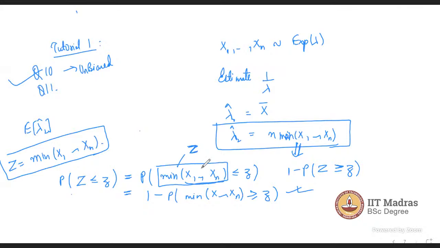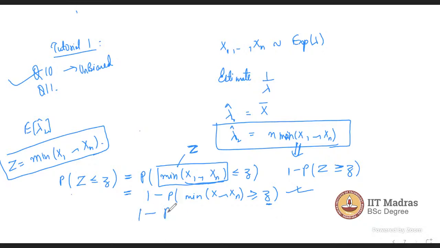The probability that some random variable is less than or equal to z is the same as 1 minus the complement, correct? So the complement is Z greater than or equal to z. This is fine. Now, once I write that the minimum is greater than or equal to z, it means each of the random variables is greater than or equal to z.